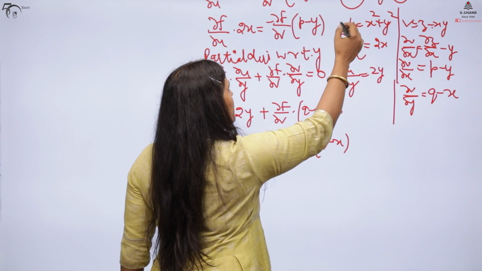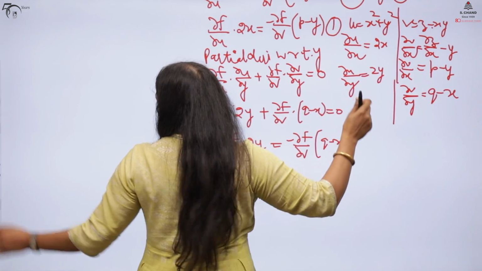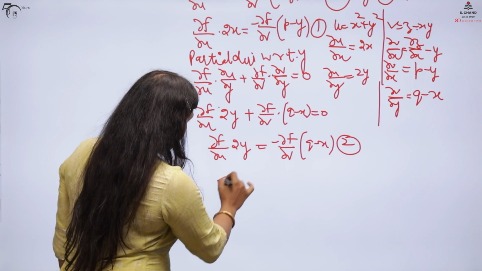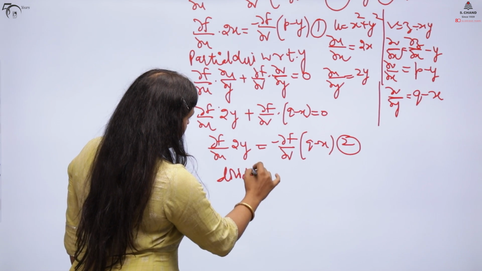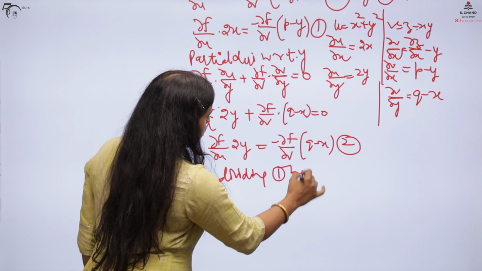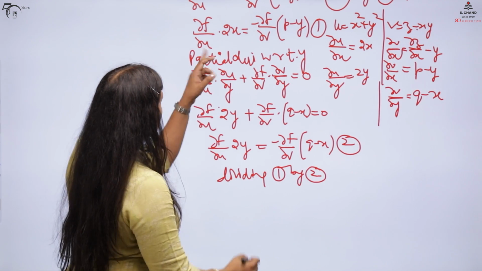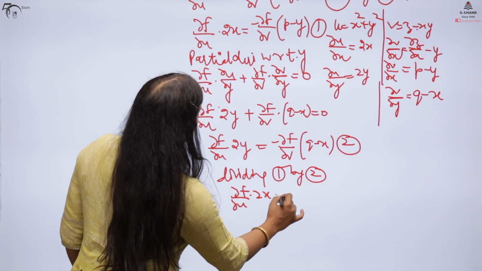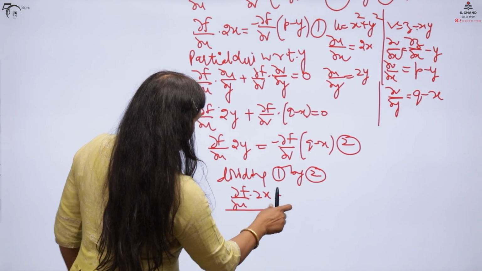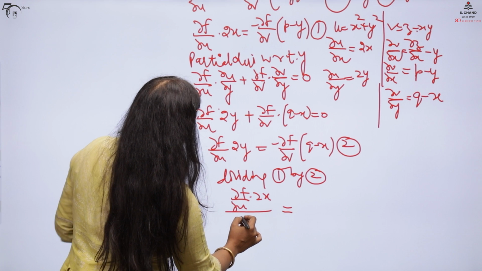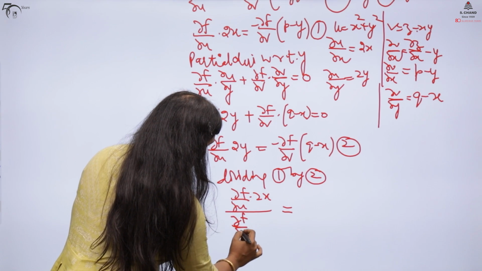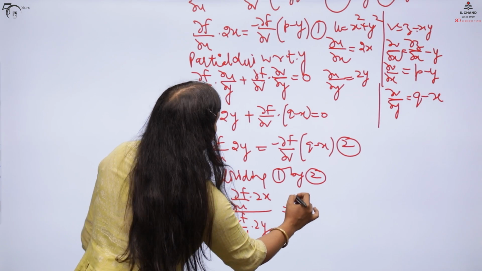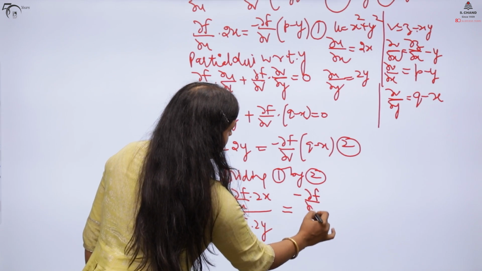So I number them as 1 and 2. Dividing 1 by 2, what will we get? Del f by del u times 2x divided by del f by del u times 2y equals minus del f by del v times p minus y divided by minus del f by del v times q minus x.